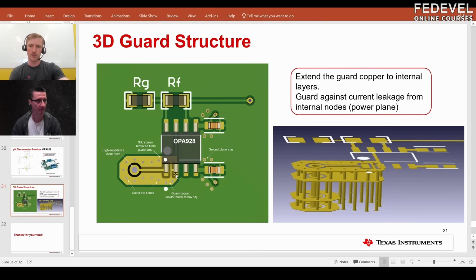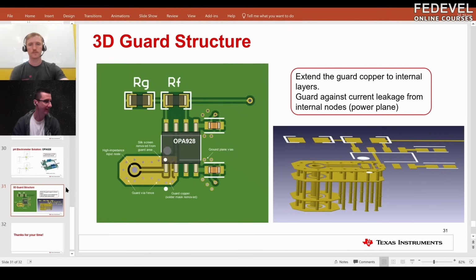So this monitors the voltage at the input, and it's a voltage follower so that this copper is at the same potential as your input. And if they're both at the same potential, then there's no current flowing in between them. So that's how you protect it from any other leakage paths on the board or in the outside world or even inside the board through other vias or other layers.